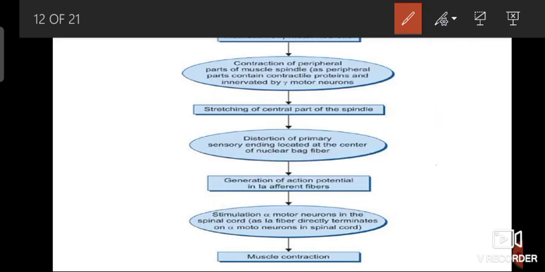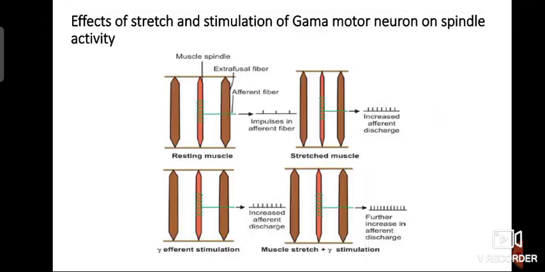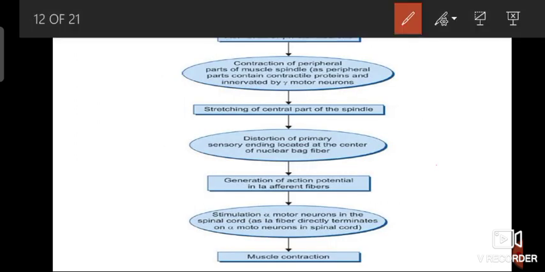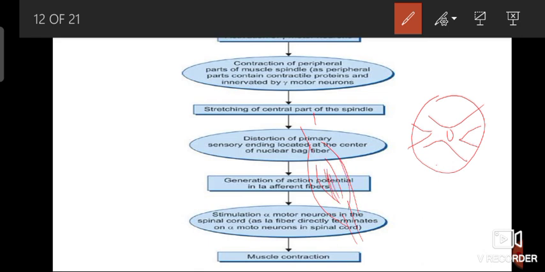We see this mechanism through a diagram. This is the spinal cord, and there is the muscle spindle. These are intrafusal muscle fibers. These are extrafusal muscle fibers.